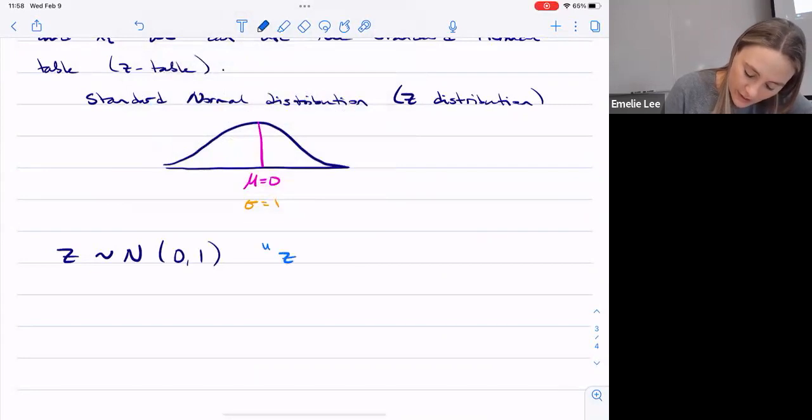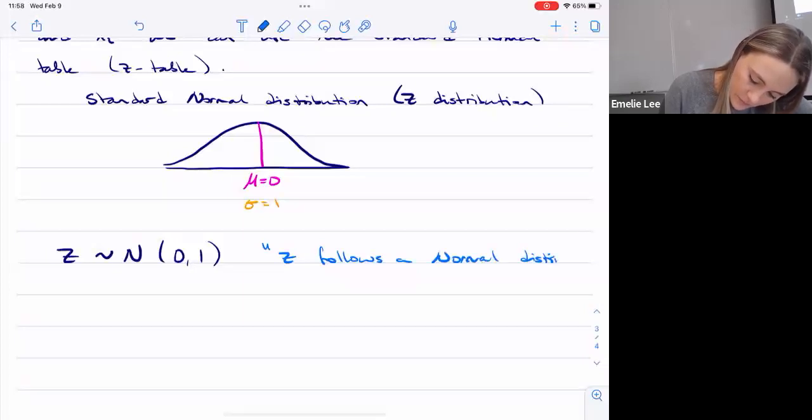So I'll write out how you read this. Z follows a normal distribution with a mean of 0 and standard deviation of 1.